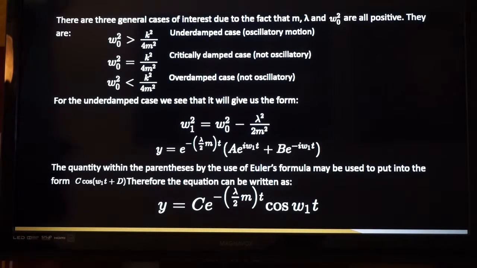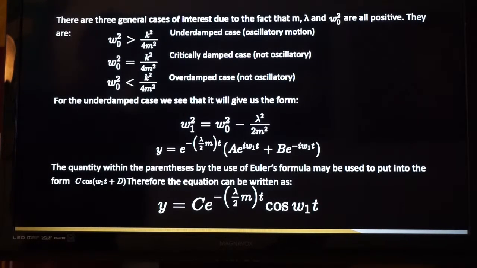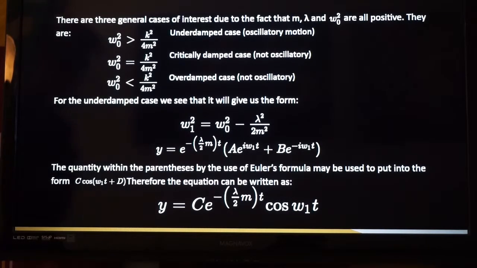Therefore, the equation that we can use to solve a bungee jumping case within the underdamped case will be y is equal to c, which is the constant, multiplied by e to the negative lambda over 2m, all multiplied by t, multiplied by cosine w1t.